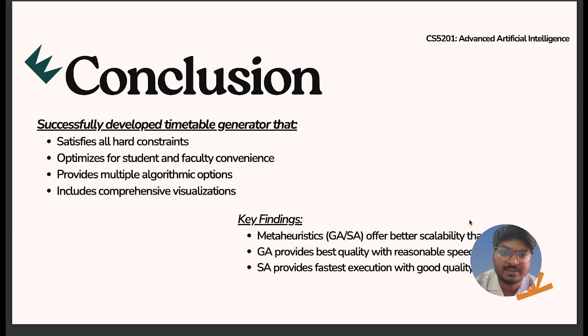These are the key findings. Metaheuristics, genetic algorithm and simulated annealing, offer better scalability than CSP. Genetic algorithm provides the best quality and reasonable speed. Simulated annealing provides the fastest execution with good quality.